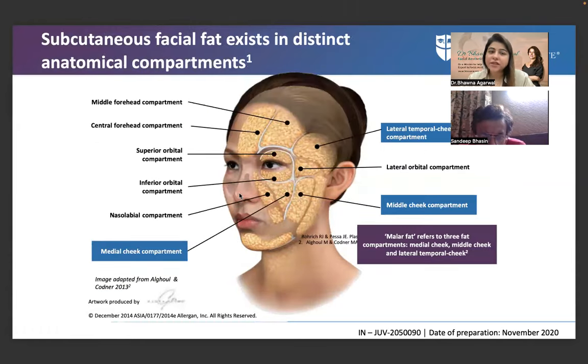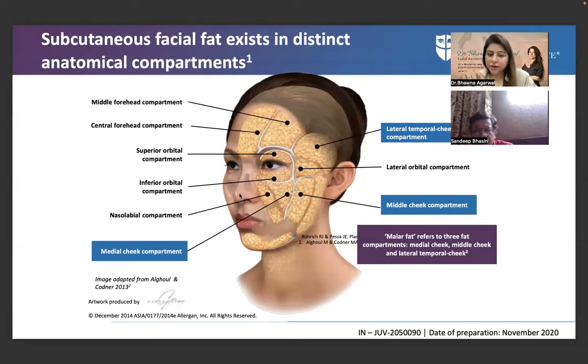Then there's the subcutaneous facial fat, which exists in distinct anatomical compartments. There is deep fat and there is superficial fat. The deep fat is mostly responsible for giving structure, and the superficial fat contributes to the contouring. The way these two fat layers age is also different.